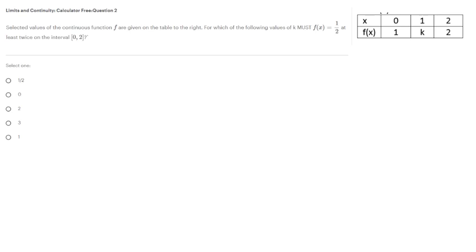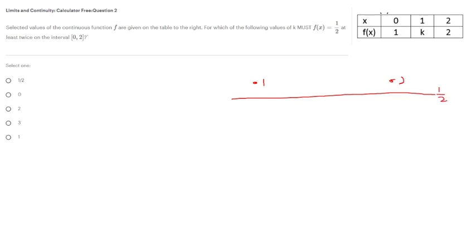Pretty much all we're answering here is what point we need to make. We're looking at 3 points, 1 and 2. All we have to do is make this imaginary line equal to 1/2.